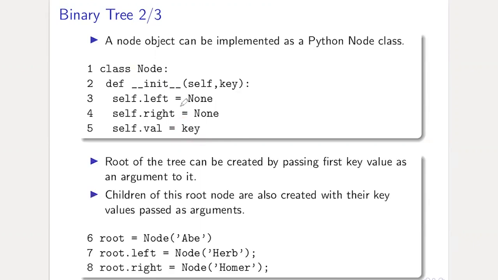So let's look at the implementation. I can create the root of a tree by passing the first key value.